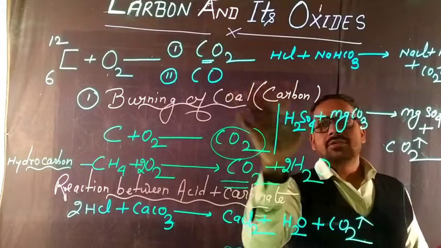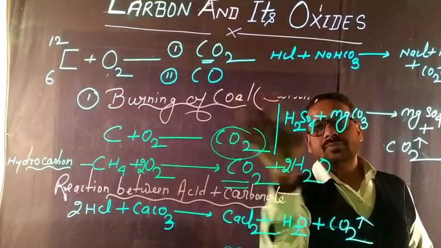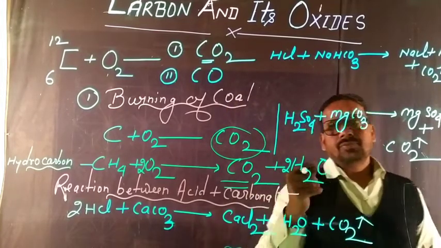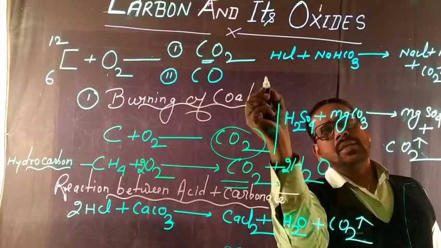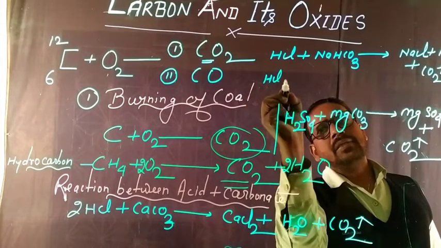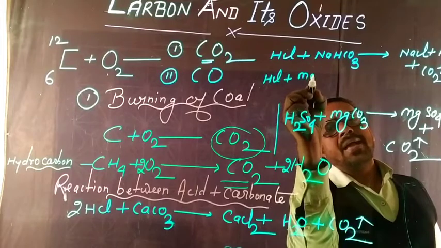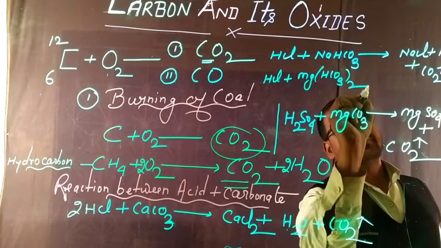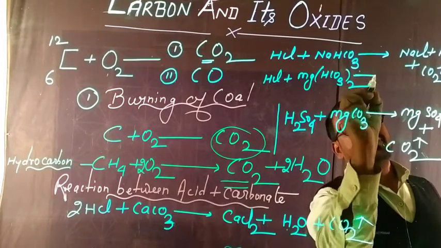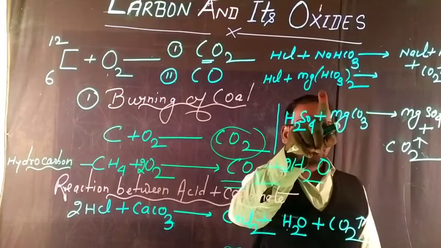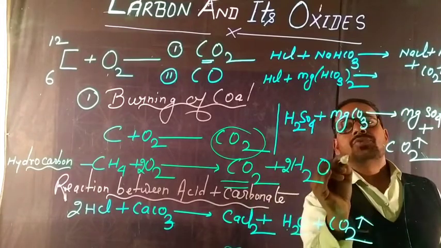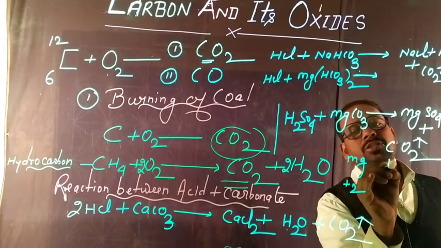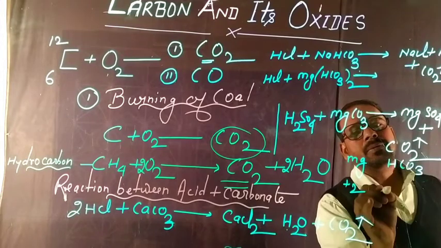We can also take some more examples. HCl reacts with magnesium bicarbonate. Why am I writing this formula? Because we know that the valency of magnesium is +2, and the valency of bicarbonate is -1.